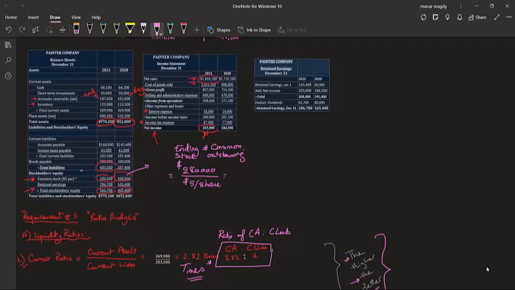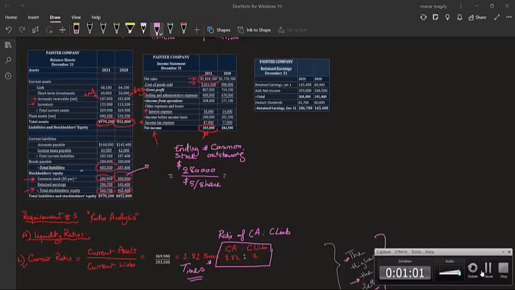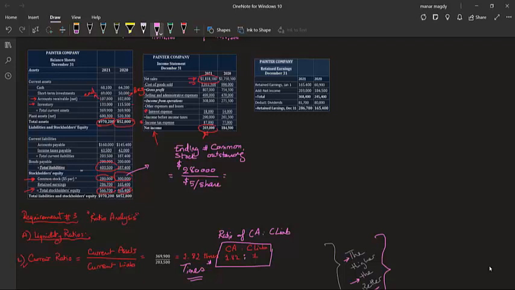So the total number of shares in this case is 56,000 shares.